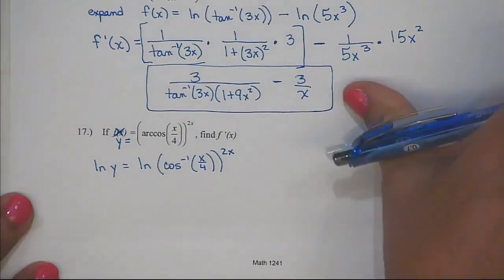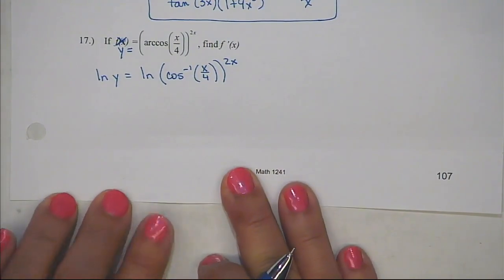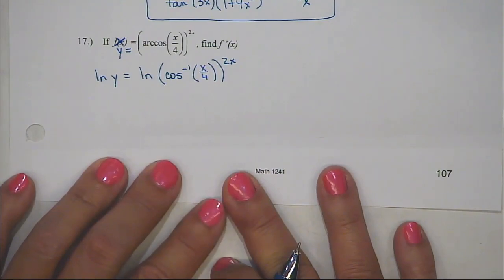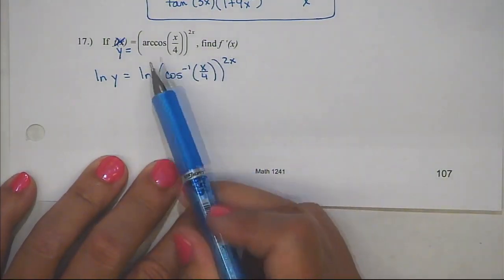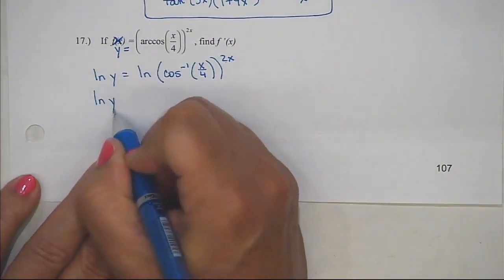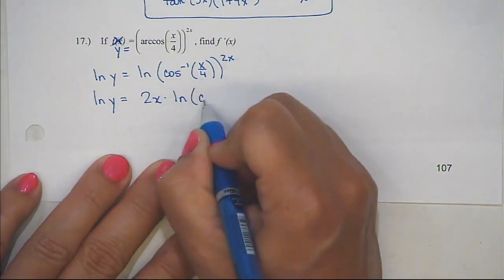Okay, so take the natural log of both sides. All right, so that was the first step. And now we're supposed to expand this side, so we're going to bring the 2x out front. That was the second step. 2x times the natural log of this.